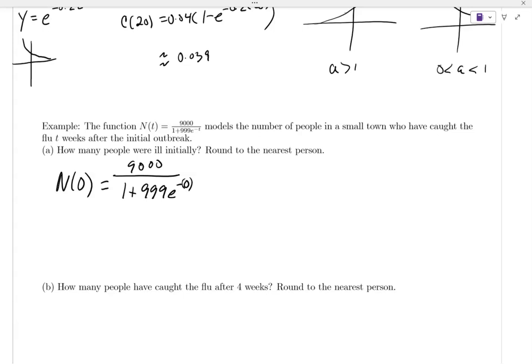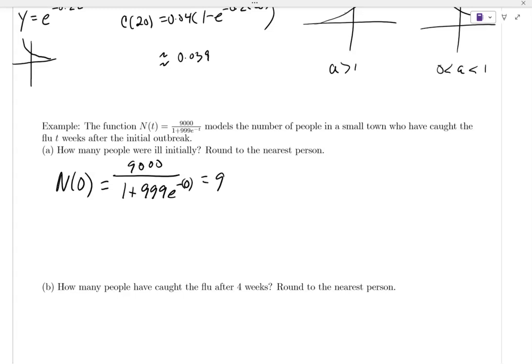Well, the opposite of 0 is 0. Good. E to the 0 is 1. 999 times 1 is 999, plus 1 is 1,000. So we get 9,000 divided by 1,000 gives us 9. Good. Didn't actually need a calculator for that one. Also don't need to round to the nearest person because it was exactly 9 is what we got.